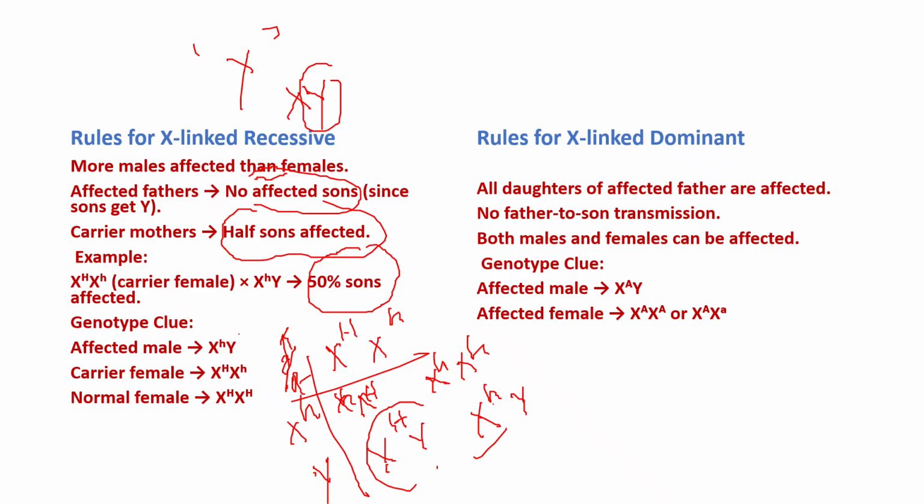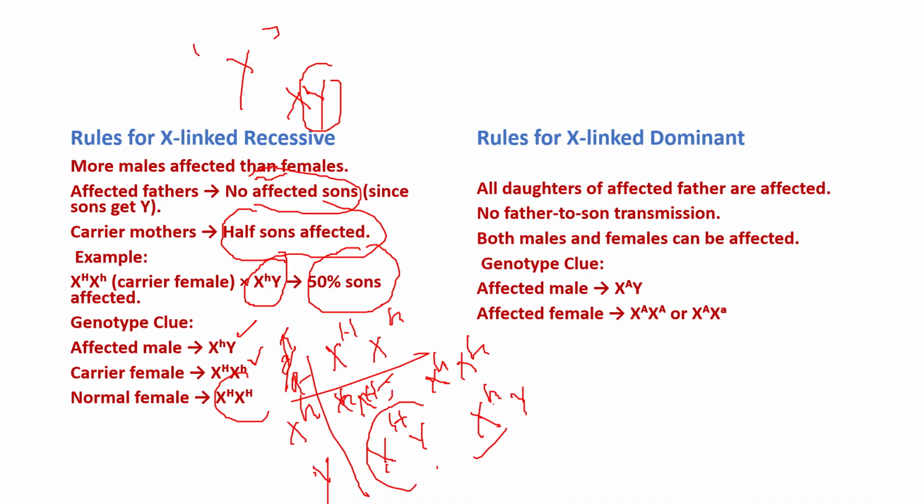So the affected male is XhY. The carrier female will be XH Xh. The normal female will be XH XH. So the sons will be affected only when they have Xh Y. Right? So 50% of the sons will have XhY in that condition.